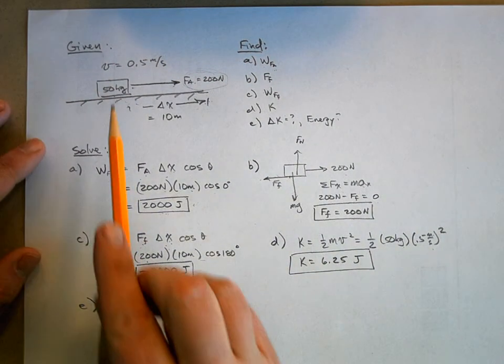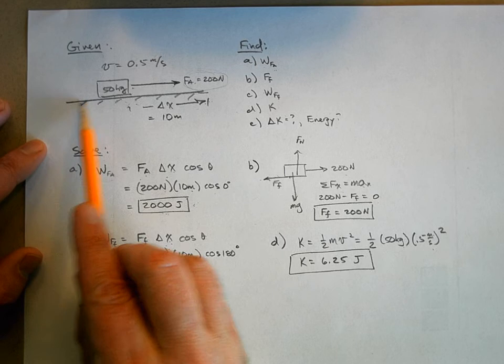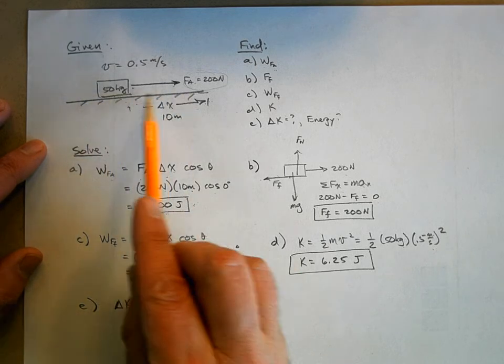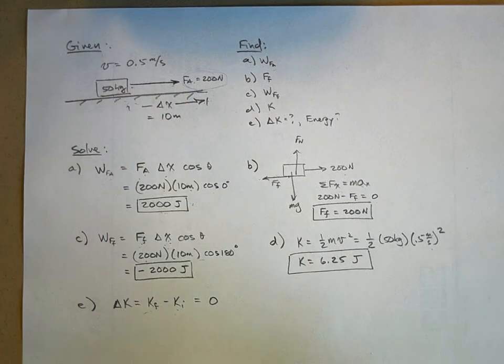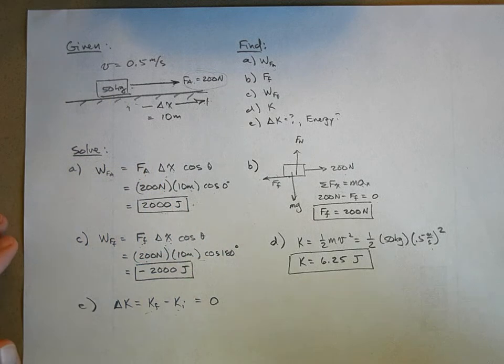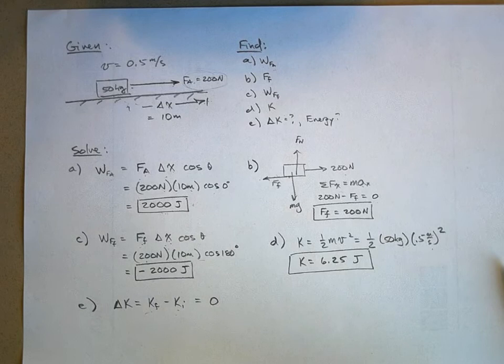It warmed up the bottom of the crate and the floor. If you were to get a thermal camera and go from here to here, you would see the floor got a little bit warmer and the crate got a little bit warmer. So we heated the environment. That's what this kind of friction, this sliding friction, will do. It transfers energy into the environment, and it'll warm it up.